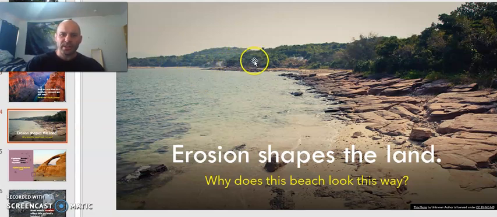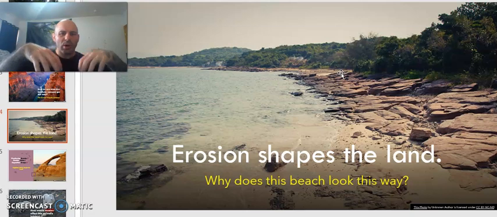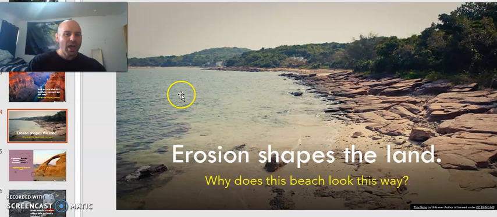One thing I notice is that these trees and grasses, they don't grow beyond a certain level here, probably because that constant washing of the water wouldn't let the roots stay in one place. So you don't see any plants growing past a certain level, and then you even see these big slabs of rock look like they've been starting to break up with that constant movement of the water.